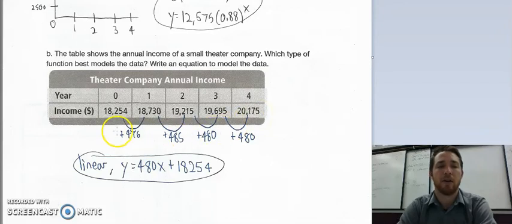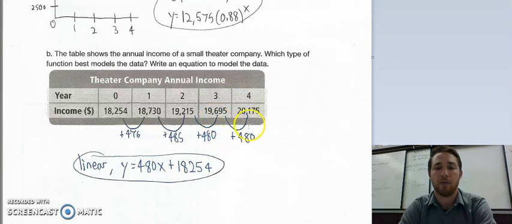So even though these aren't quite exactly the same, they're not all the same exact common difference, we can see that they're close enough for our real life example that this is considered linear. We're not always having that straight 480, but if I'm trying to make an equation, remember that 480 is going to be basically your slope, so that's how much you're increasing, going up 480 every time you increase 1 year.